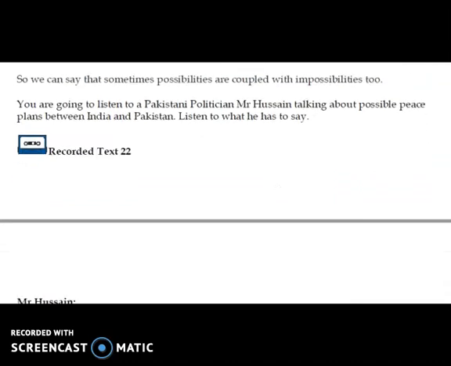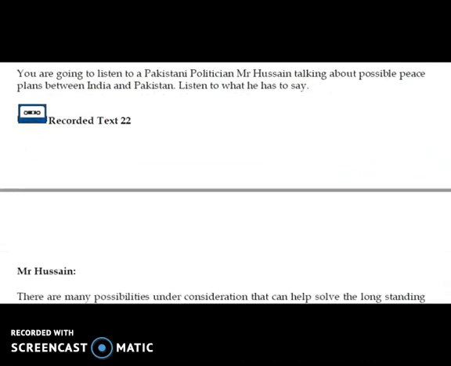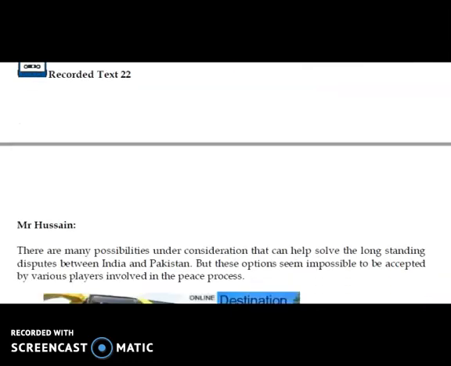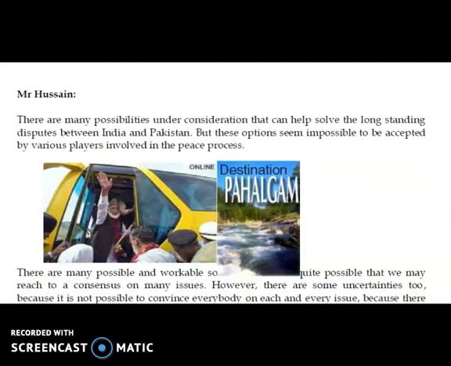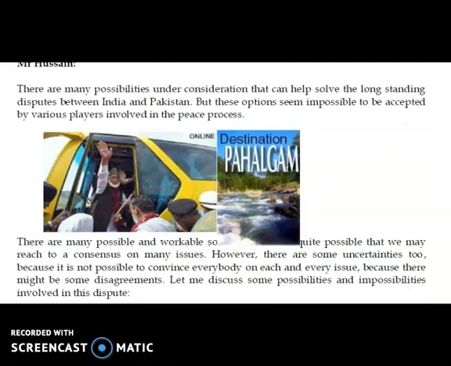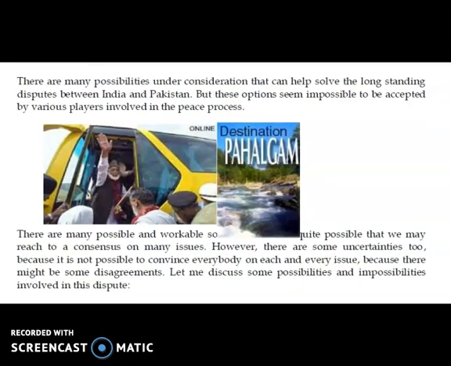Here is another talk from a Pakistani politician, Mr. Hussain. He's talking about possible peace plans between India and Pakistan. So let's talk about all these possible peace plans, and these peace plans are basically related to all those possibilities between India and Pakistan over the issue of Kashmir, right?